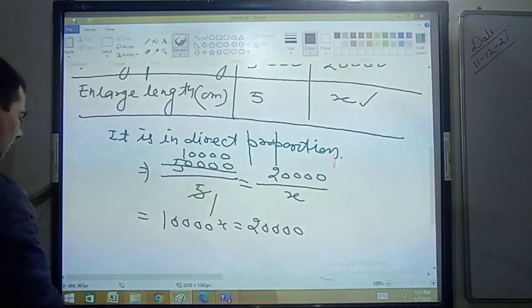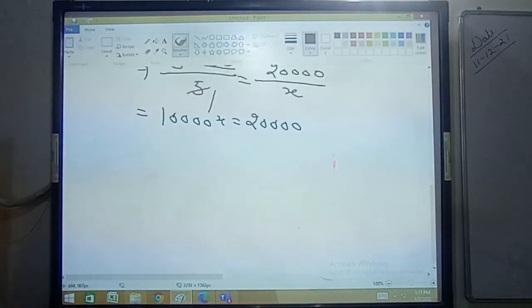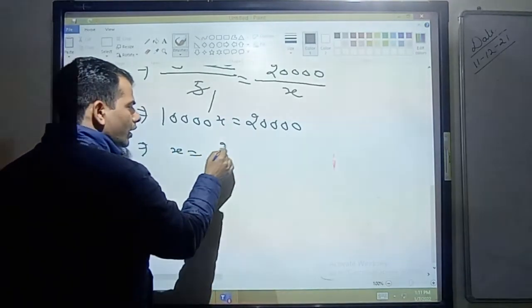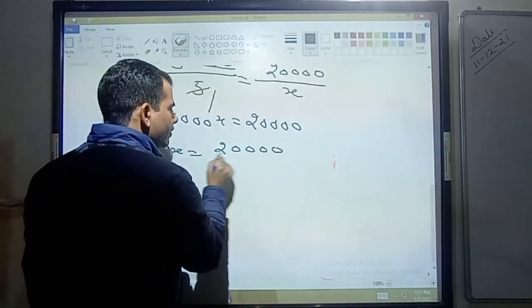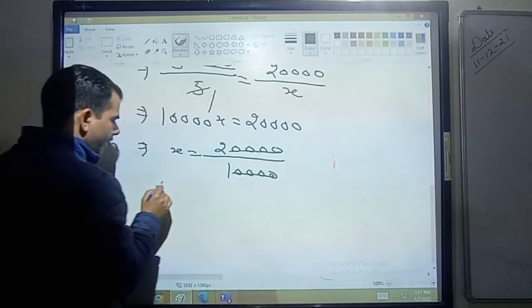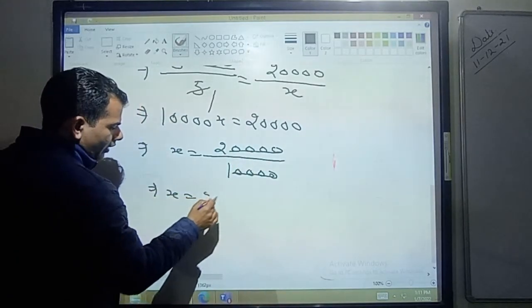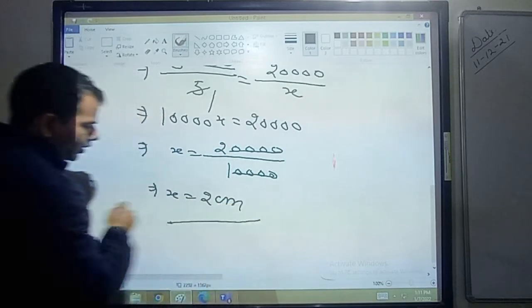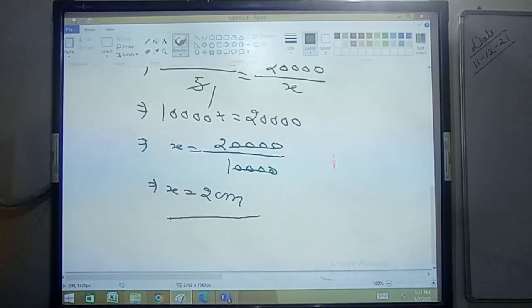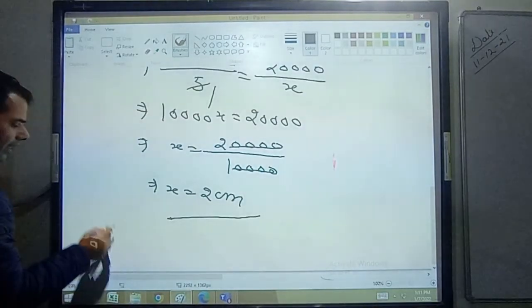Now we will find out the value of x. The value of x will be 20,000 divided by 10,000, and the length is 2 centimeter. So the enlarged length will be 2 centimeter.